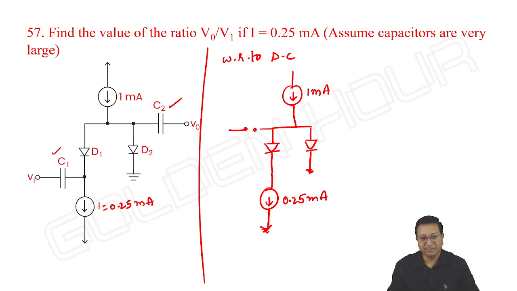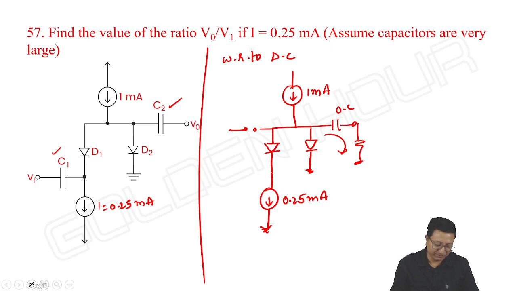We remove the AC signal we input. And what about this capacitor C2? It is in air, right? If you have some resistor, then there is a possibility of the current, but here no resistor is present. So even though we have this capacitor, no current is possible here. Instead of saying open circuit, what we can say is as it is in air, no current flows through it. This is diode D1, D2.